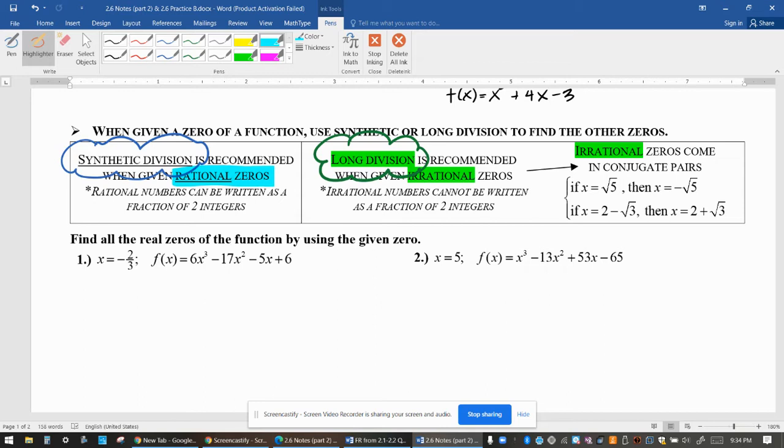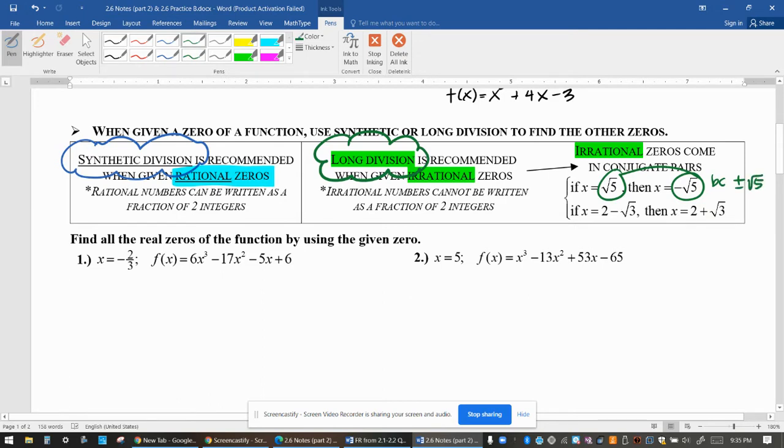Now, if I give you a zero like √5, you have to know that it came from the pair plus or minus √5. So automatically, if I tell you that √5 is a zero, you should know that so is -√5, because plus or minus √5 comes as a pair.